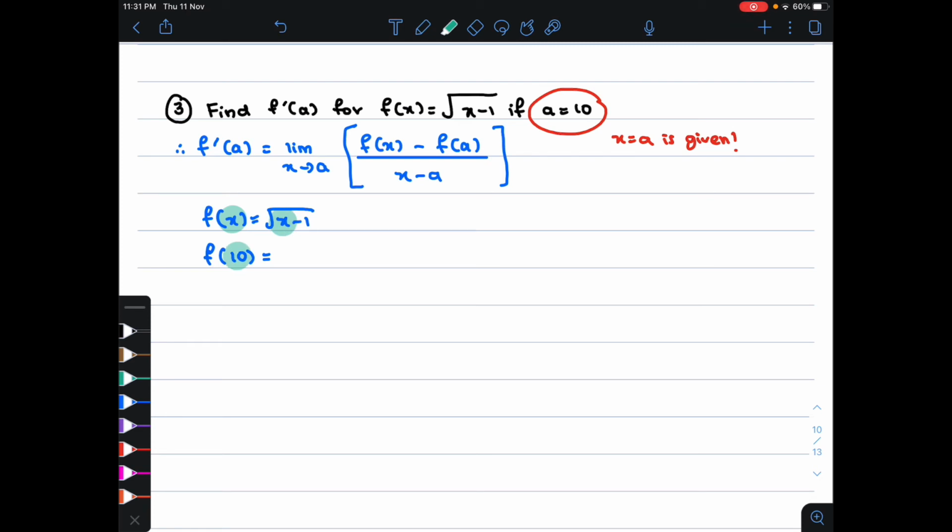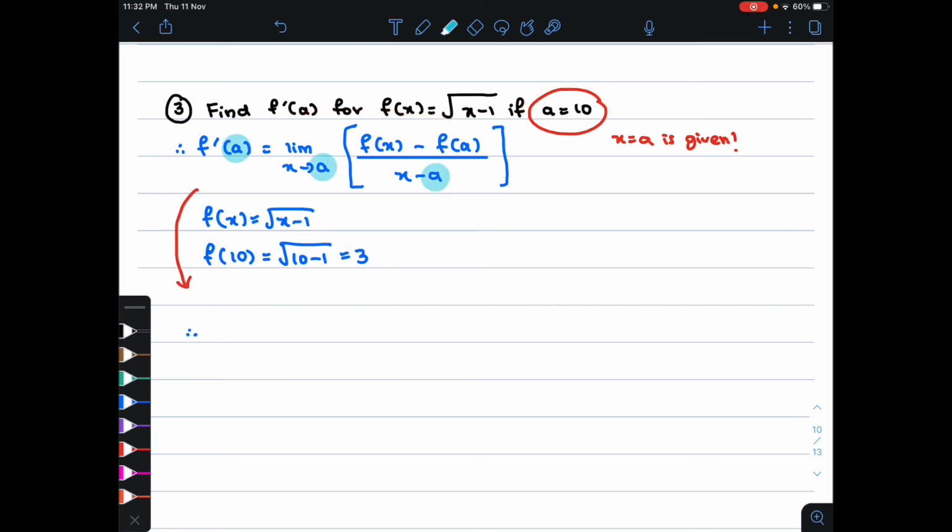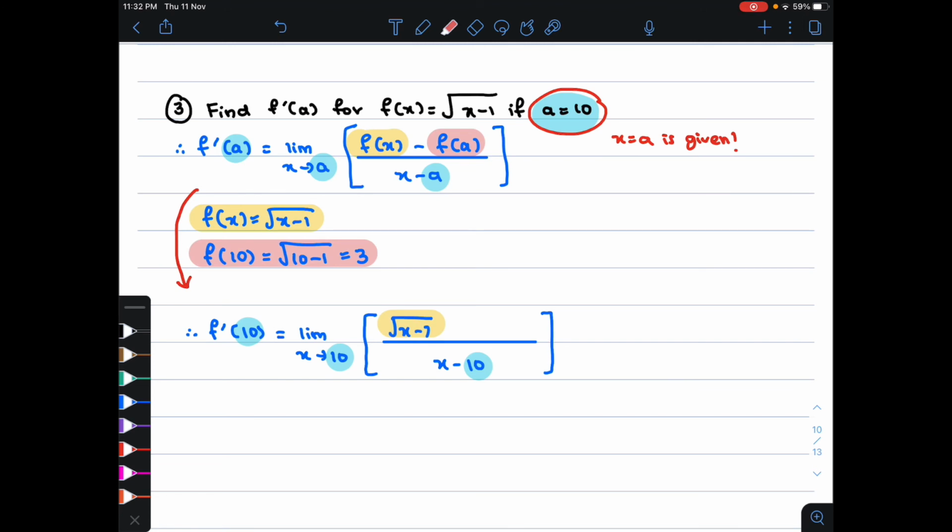Therefore, f(10) is the square root of (10 minus 1). And the answer is 3. Now, substitute a equal to 10, f(x), and f(10) into our formula. Note that a is 10, f(x) is square root of (x minus 1), and f(a) or f(10) is 3.